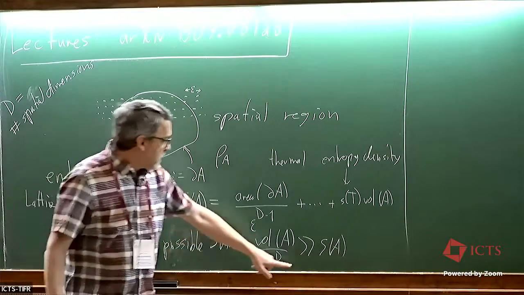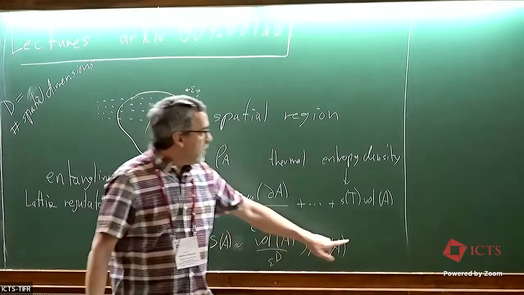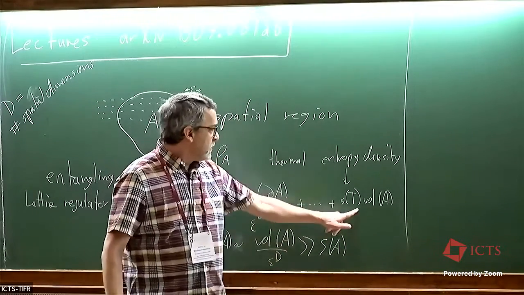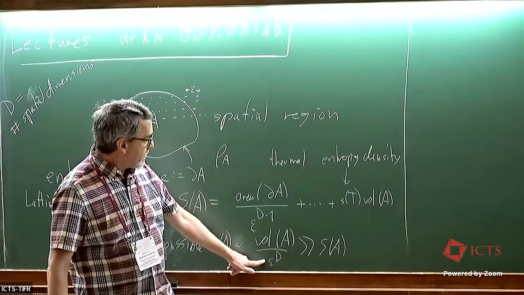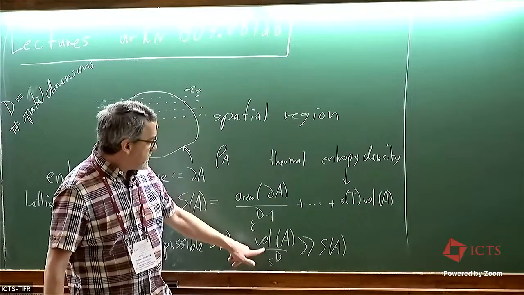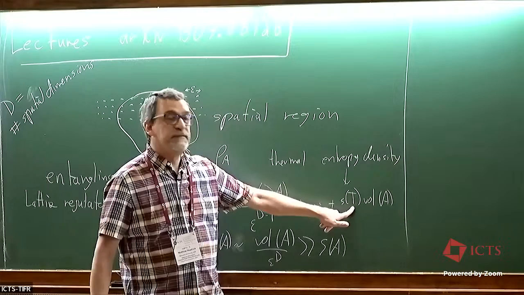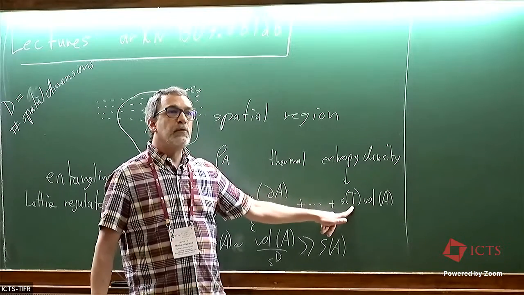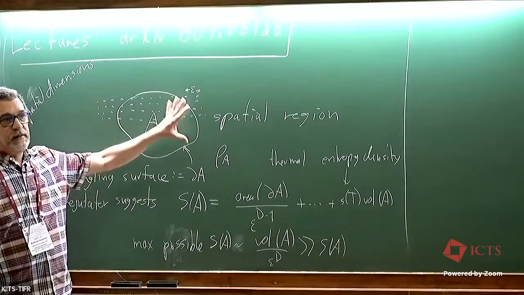But this is still true because while these things are both proportional to the volume, this one is in units of the cutoff, and this is the maximum possible entropy density, whereas the thermal entropy density will always be much less than that if you're in a regime where you are indeed modeling your field theory by the lattice.